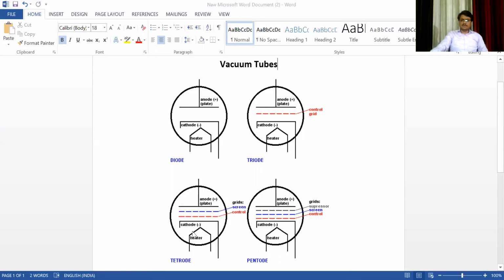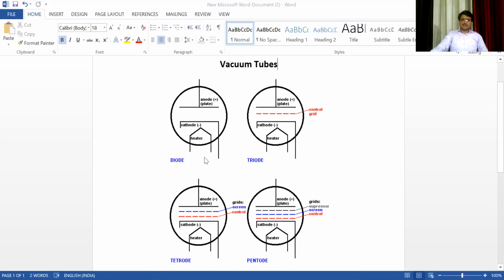If this is the filament and heater, and we heat the filament, electrons will be emitted. So vacuum tubes were the diode, triode, and pentode.